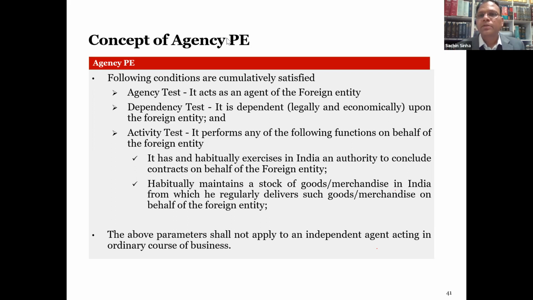Geetika, you want to add something? Yes. He's asking about the TDS provision, and I think the question also revolves around the person being employed with the Indian company and deputed to a foreign country for 3 years. Again, the same concept: it's important to see who is the legal and who is the economic employer.